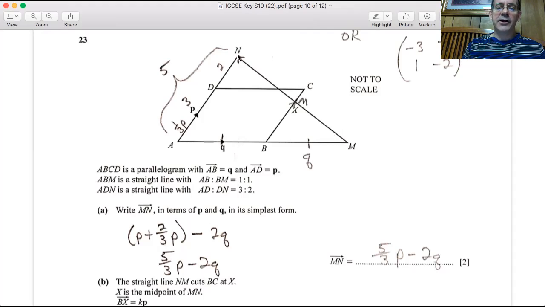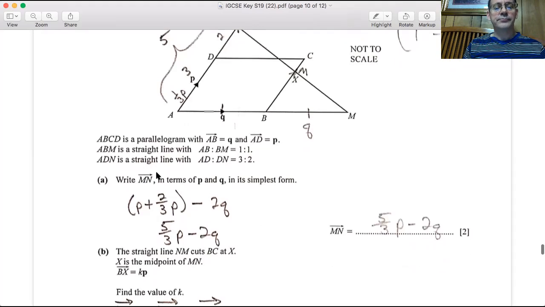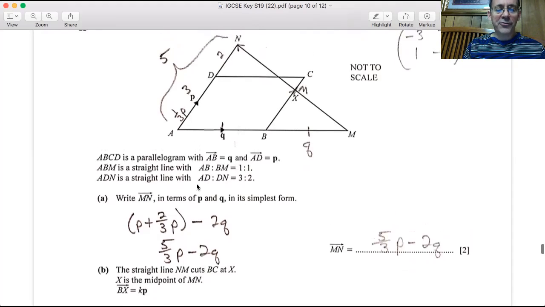So M is the start, N is the ending place. So we need to do AN minus AM. End minus start. So from A to N minus from A to M is what MN will be. So if you want to write it as a general formula first, you would write MN equals AN minus AM.